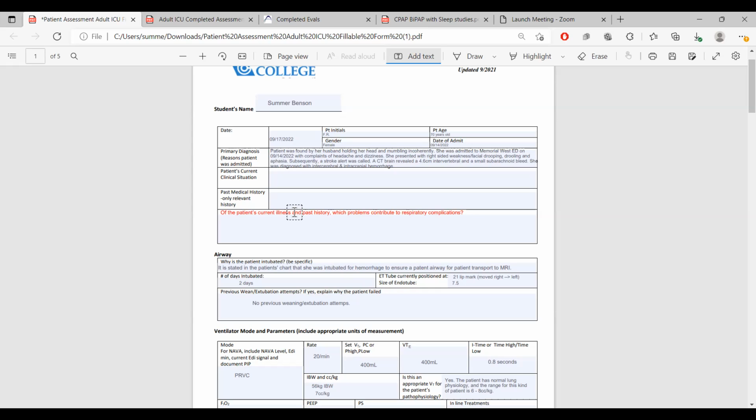You could mention if there's been any findings after that initial diagnosis. Like sometimes they're brain dead and they need an apnea test, or there's no cough reflex, or they develop pneumonia. So all of those would be part of their current situation that were not part of the diagnosis.